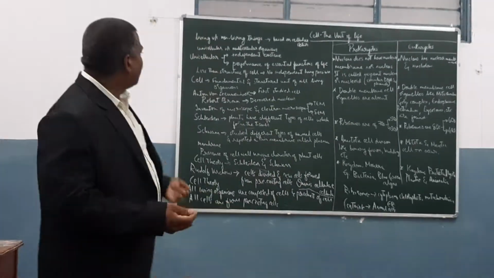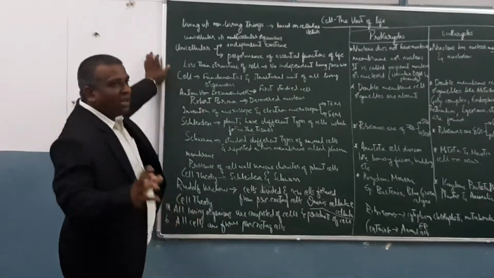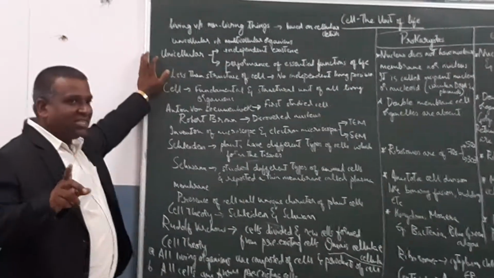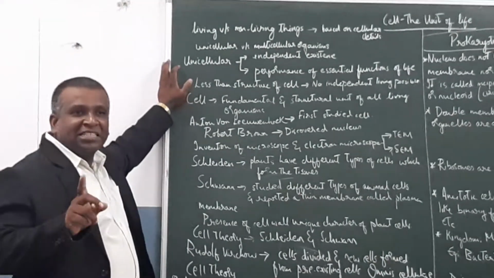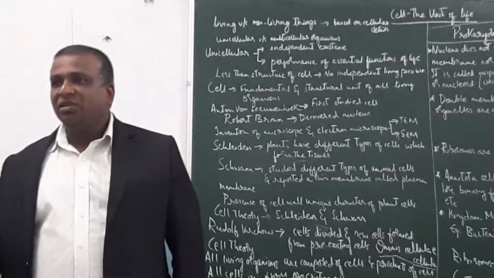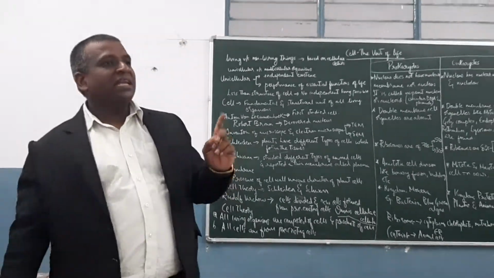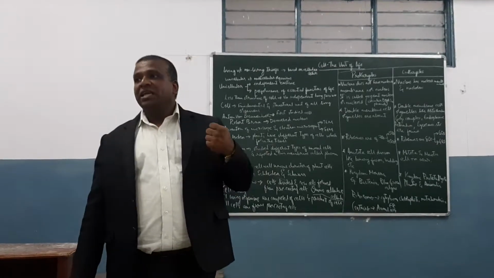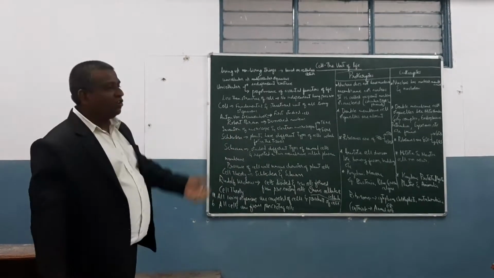That you have to remember. So unicellular organisms are independent in existence and perform the essential functions of life. Two things are there: they are independent in existence and they perform the essential functions of life.